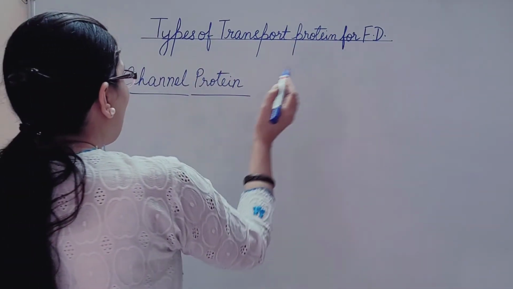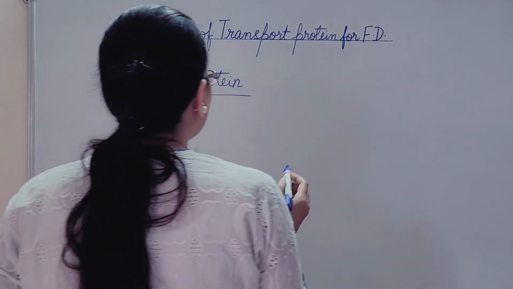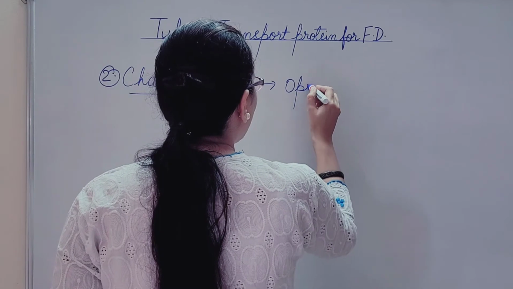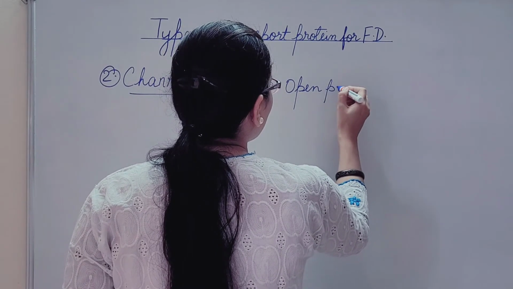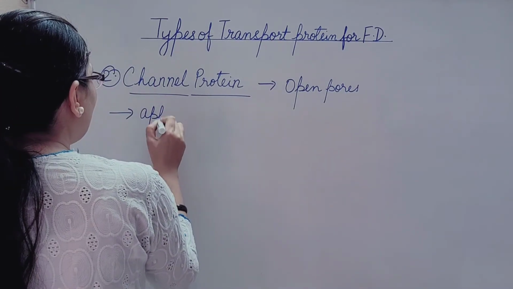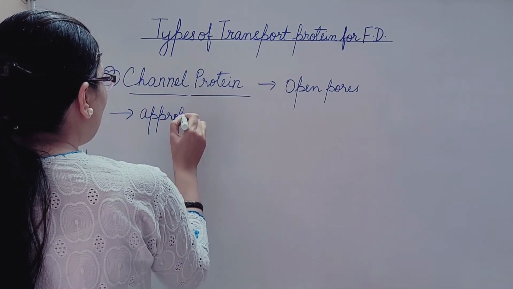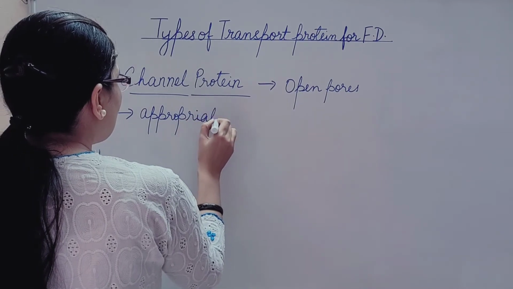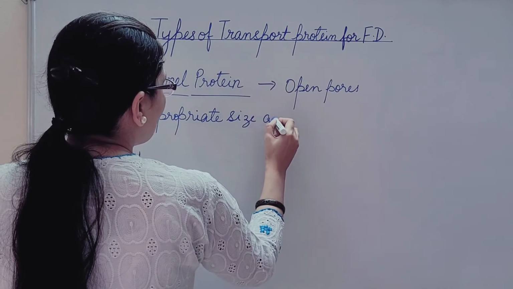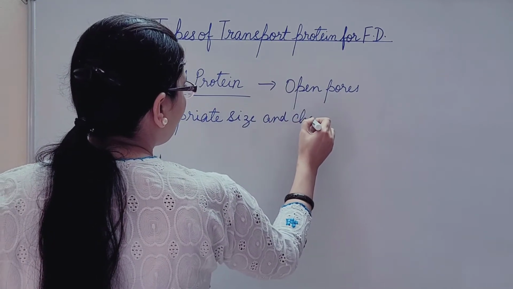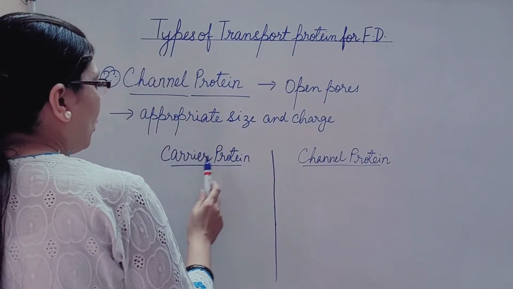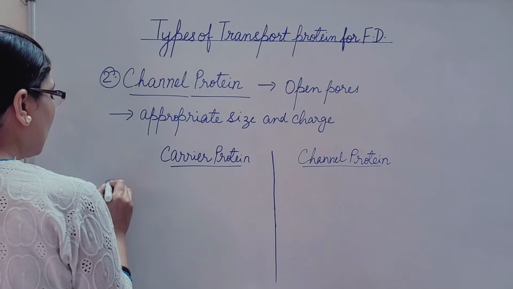Second type of transport protein that mediates facilitated diffusion is channel protein. These form open pores through the plasma membrane and allow the free diffusion of any molecule of appropriate size and charge. Now the comparison of carrier protein and channel protein mediated transport.